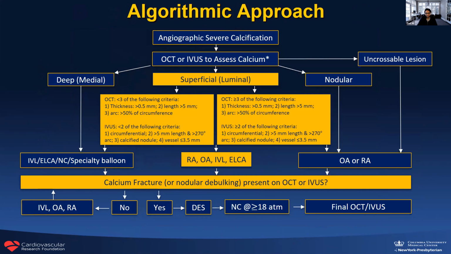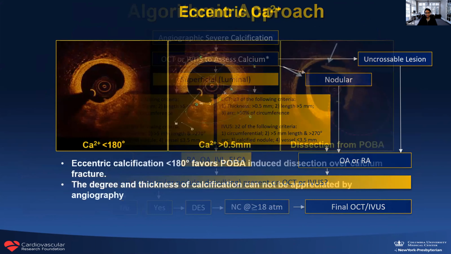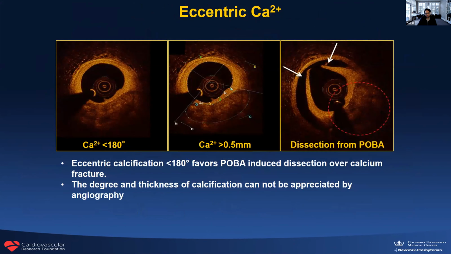For superficial calcification, we have lots of choices: rotational, orbital, intravascular lithotripsy, and laser. And what you can also see is that by understanding on OCT the pattern of calcification, for example here, less than 180 degrees, you can predict how the balloon will behave.